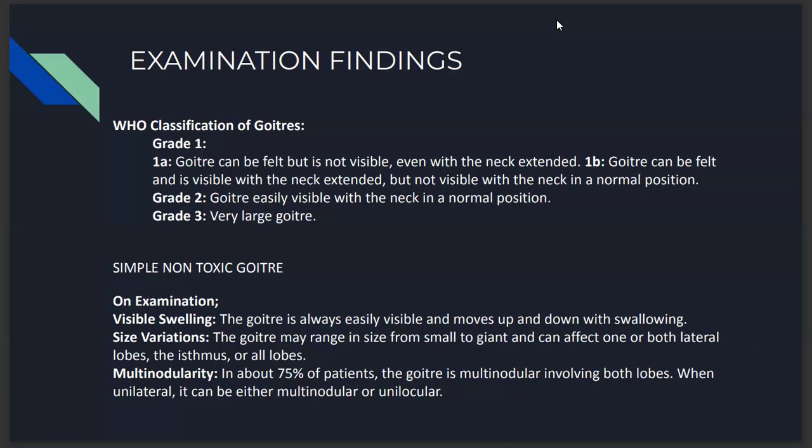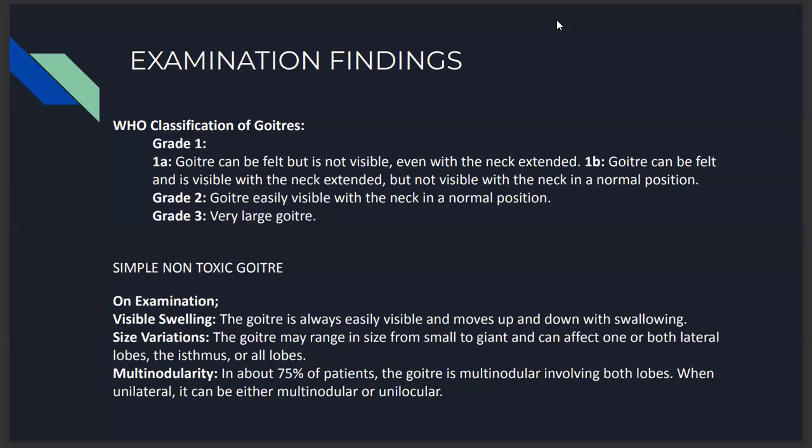I'm starting from examination findings, which is the WHO classification of goiters. Grade 1: you have 1A, which is goiter can be felt but is not visible, even with the neck extended.